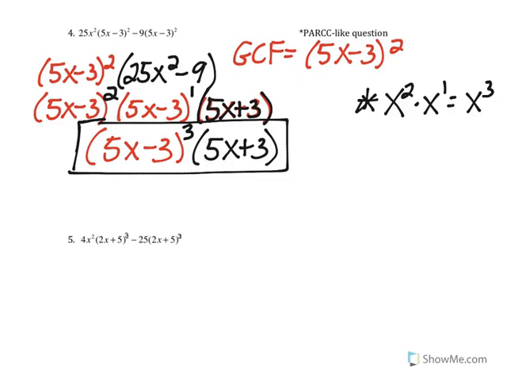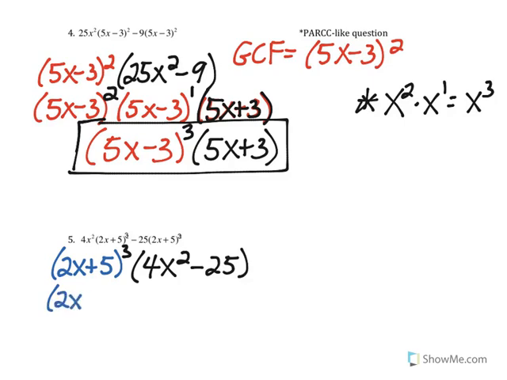Next one, very similar. We have 2x plus 5 cubed this time, so I'm going to switch my colors. You'll have 2x plus 5 cubed will come out. You'll be left with the 4x squared minus 25, which factors further. We're going to get another 2x plus 5 out of it.